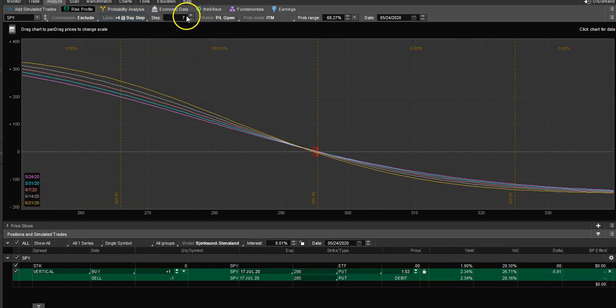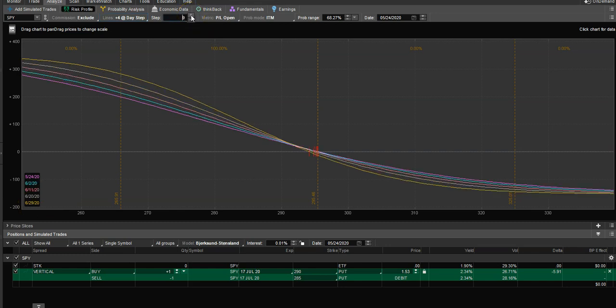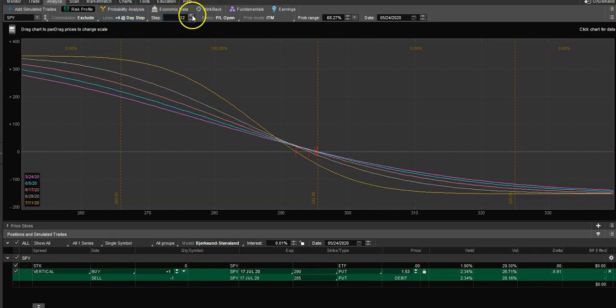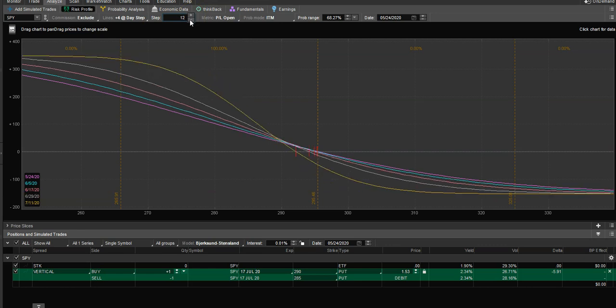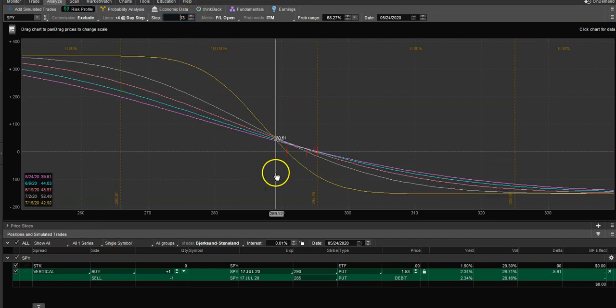Now, if we want to increase these levels, just come up to the step and let's move it by, say, 13 days. And we'll go back here to the 285 level. We could see that by July 2nd we'd be around $100, 101 on July 2nd.